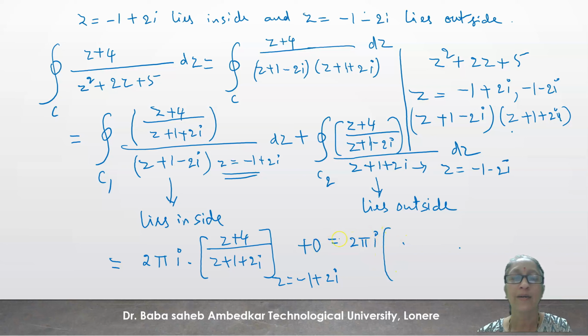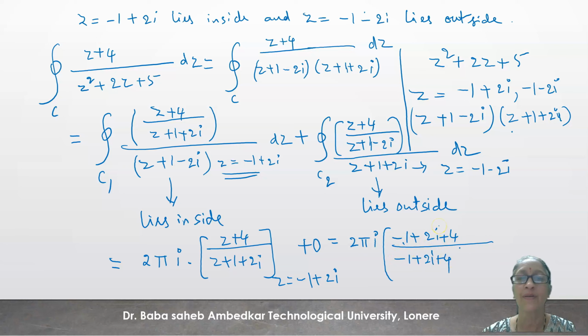Then put z equals minus 1 plus 2i. So minus 1 plus 2i plus 4 upon minus 1 plus 2i plus 1 plus 2i.